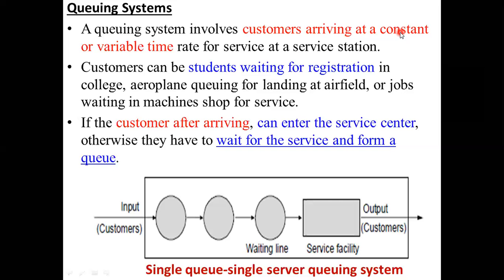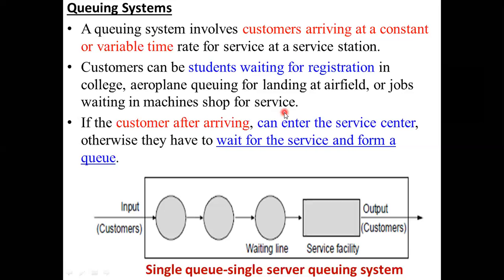So the CPU processes a job, and the other jobs which are not yet processed are stored in the buffer. After processing the first job, the CPU takes the second job from the buffer and processes it. These are applications of queuing systems in computer systems.